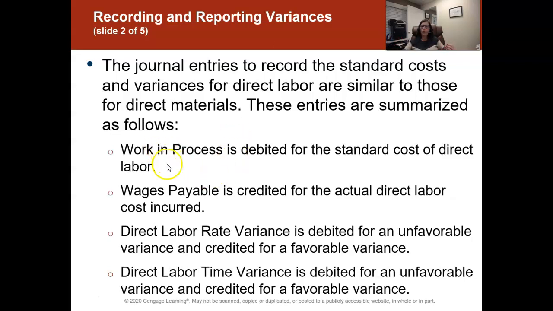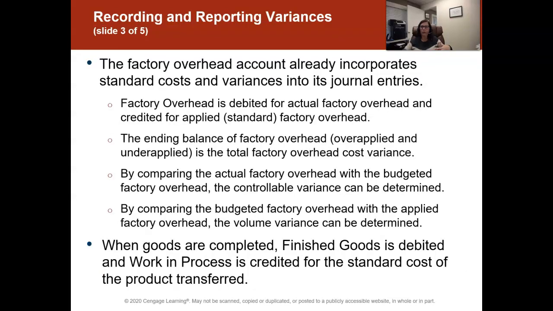And I'll explain that more in a second, but we've got our work in process, wages payable, direct labor rate variance, all of those things. We can have journal entries made to our standard budgeting accounts. Same thing with overhead.